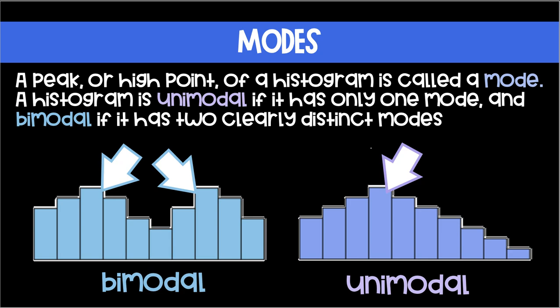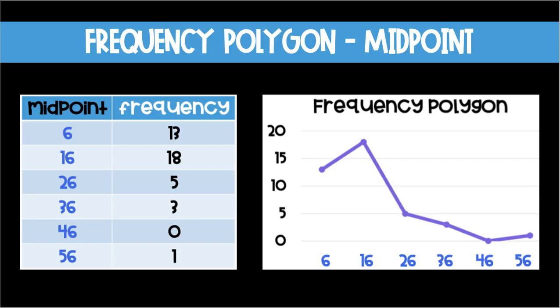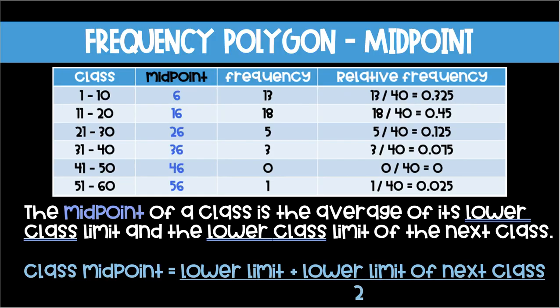Another type of graph we have for quantitative data sets is a frequency polygon. We construct it using the exact same frequency distribution table, but we use the midpoints for each of the classes. To calculate the midpoint, you're going to find the average of the lower class limits of two classes.